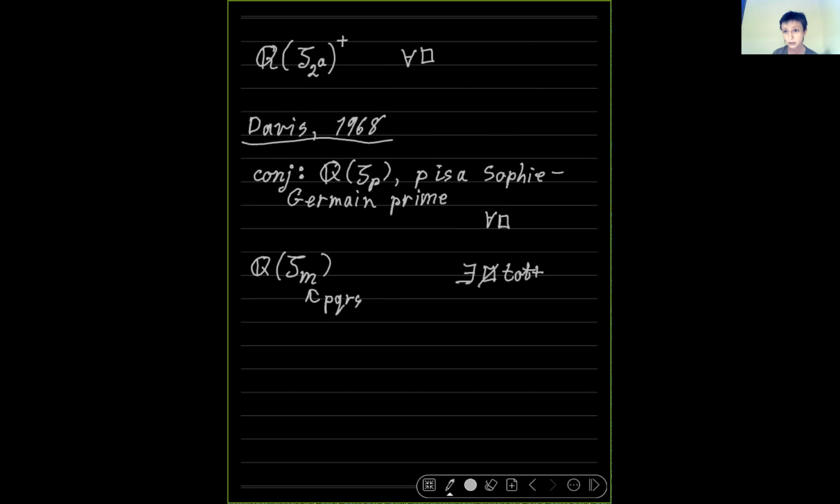It looks like this. Take your root of unity and subtract its conjugate. And then take the norm of this from that field, call it K, down to its real part.